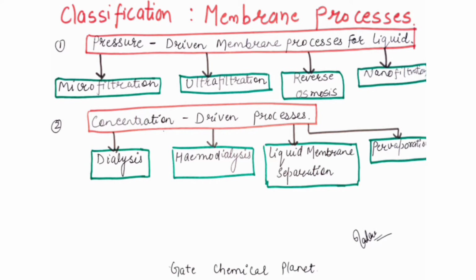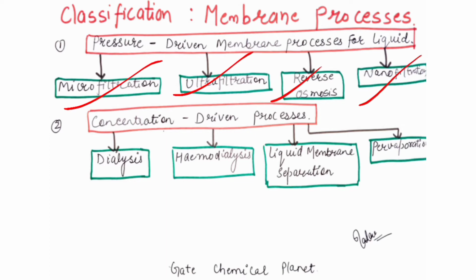The membrane processes are classified on the basis of two types of driving forces. First is the pressure driven membrane processes for liquids, and second is the concentration driven processes. So here we will see microfiltration, ultrafiltration, reverse osmosis and nanofiltration.